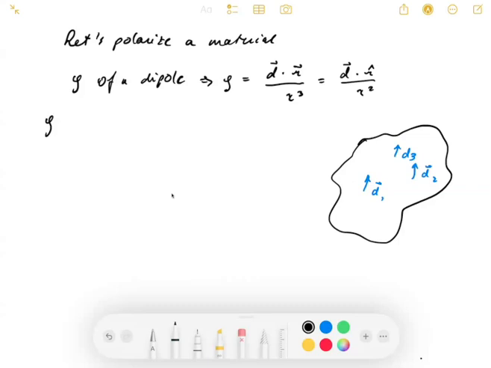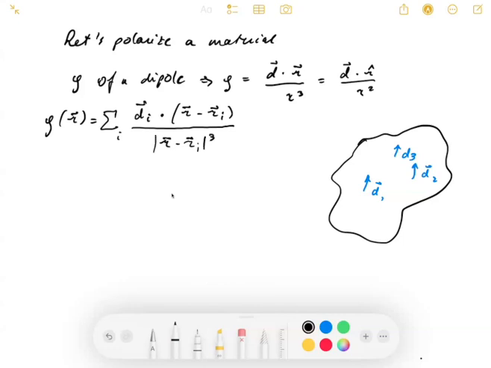So that would be phi of r. I'm going to write this explicitly. This would be enumerating the positions and the dipole moments of the individual dipoles, divided by r minus ri, to the power 3, because the thing in the numerator is an actual position vector difference.